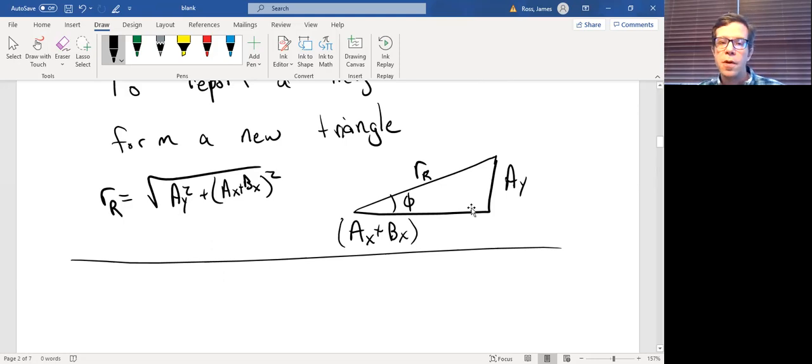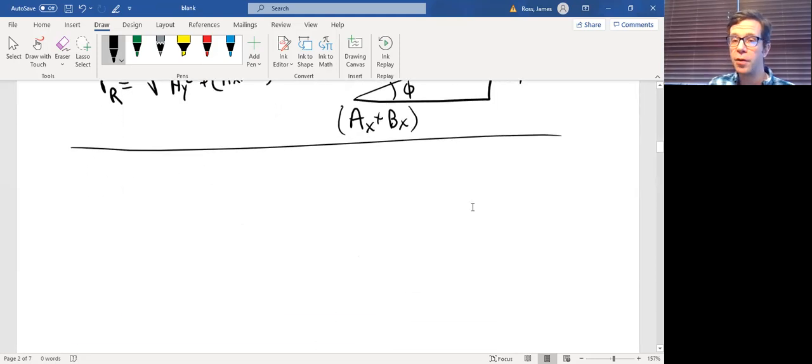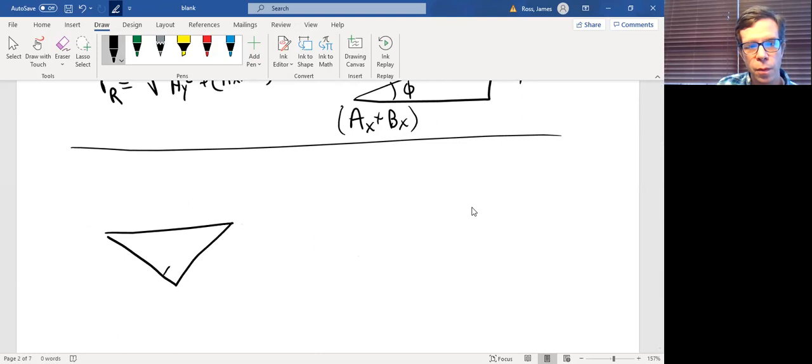If you're not comfortable with vectors, you definitely need to get some practice before trying to do some physics with it, right? So, just draw a few triangles, throw some numbers on them, and see what you can figure out.